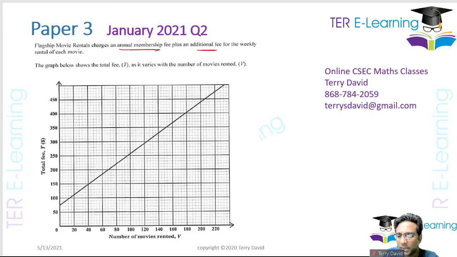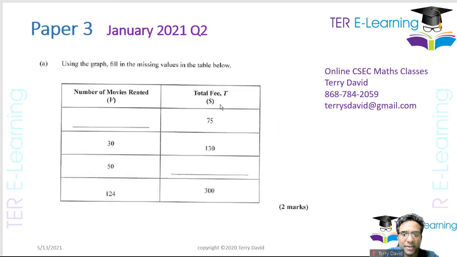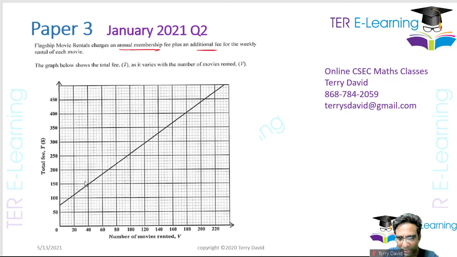Okay, now what do they want here? Use the graph to fill the missing information. So all they're asking us to do here is to read off some information from the graph. My total fee is $75, right? So I need to read off where $75 is on this scale. Now there are some students who have problems reading off graphs like these. So this is 0 here.